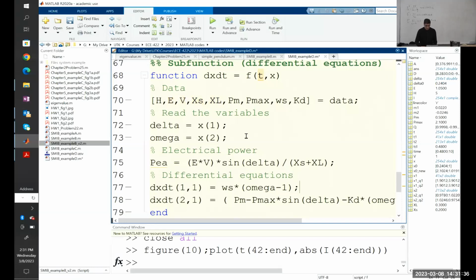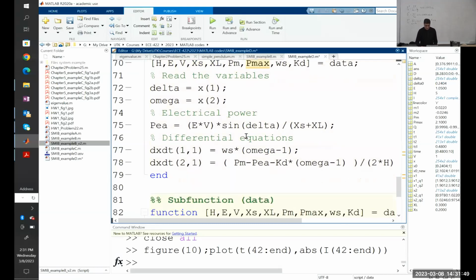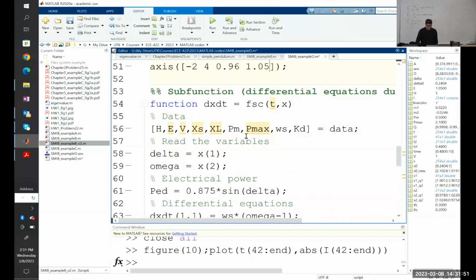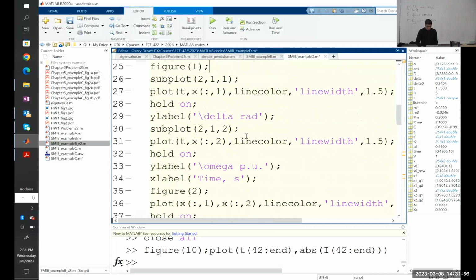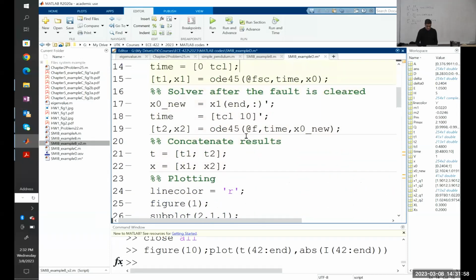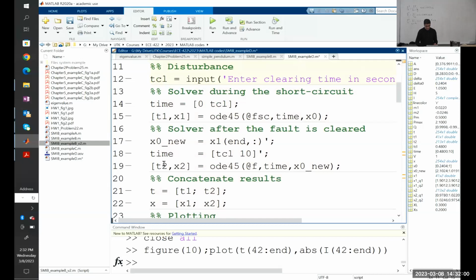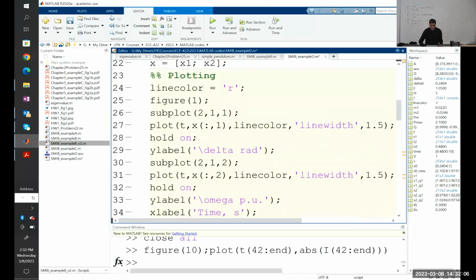And that equation needs to go right here. It's not the power we had before the fault, but it's a new equation for the power. So that's different. When we are done with that part of the code, then we should have a solution for the state variable after the fault is clear, which is T2, X2. We concatenate the result, and then we do the plotting.